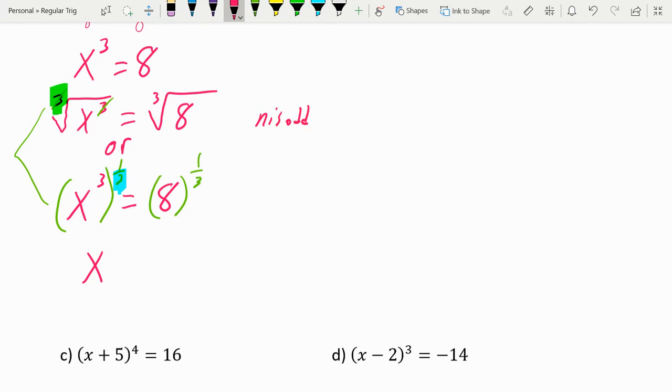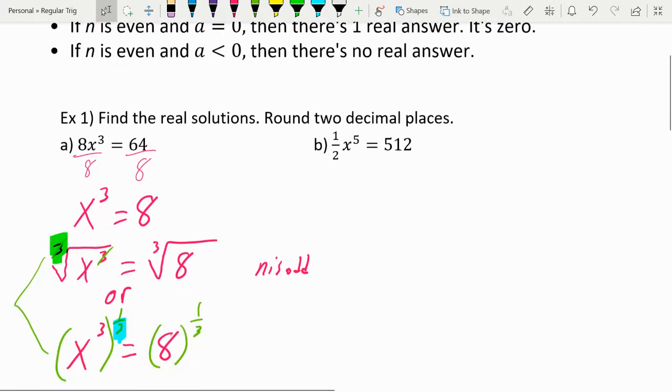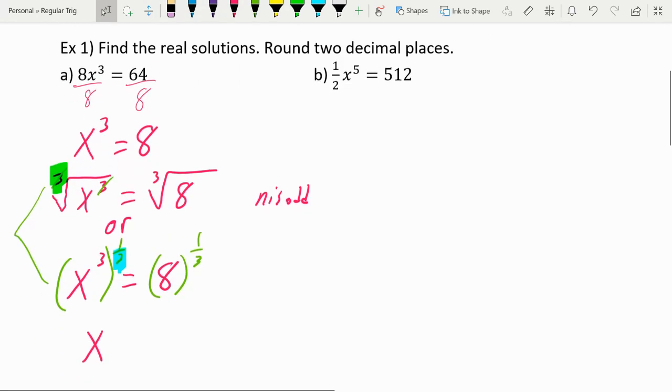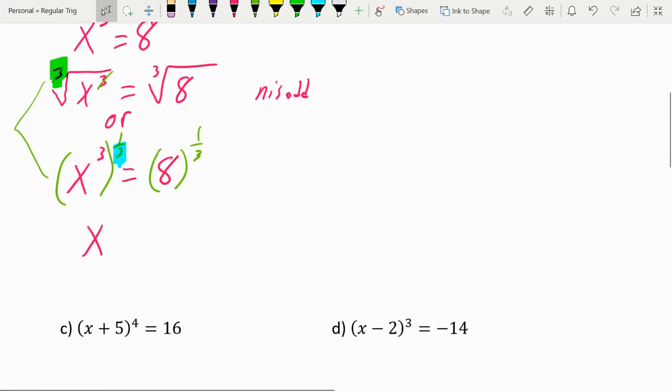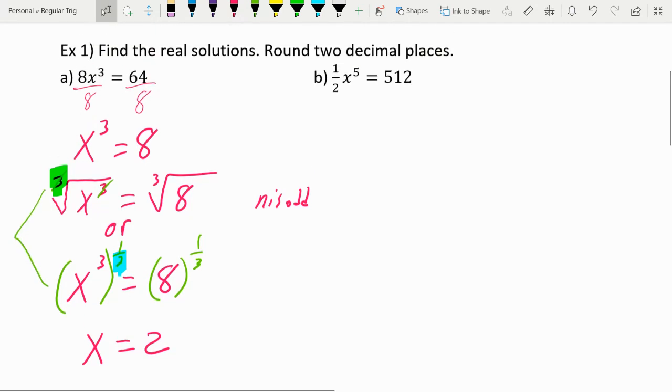So how many answers am I going to have? N is odd, so I know I'm going to have one real answer. You have to make sure you remember this. So the third root of 8, or 8 to the 1/3 power, is equal to 2. And you're done. That's all you have to do.